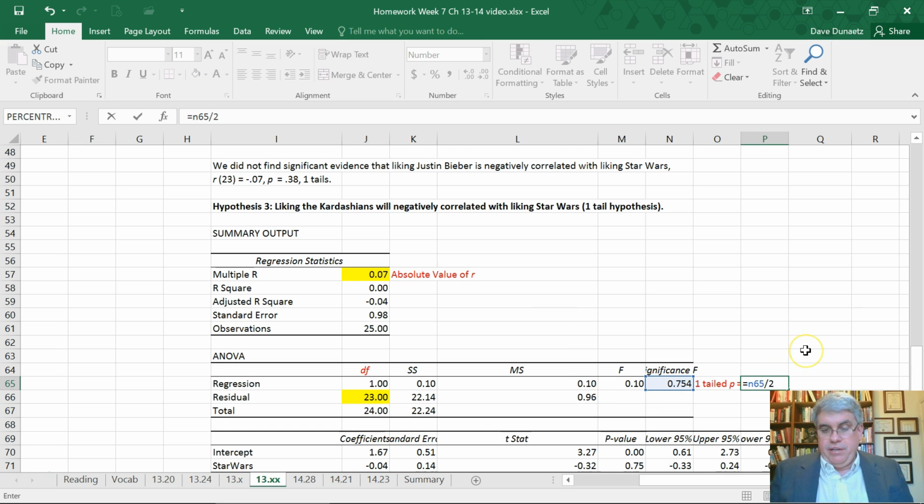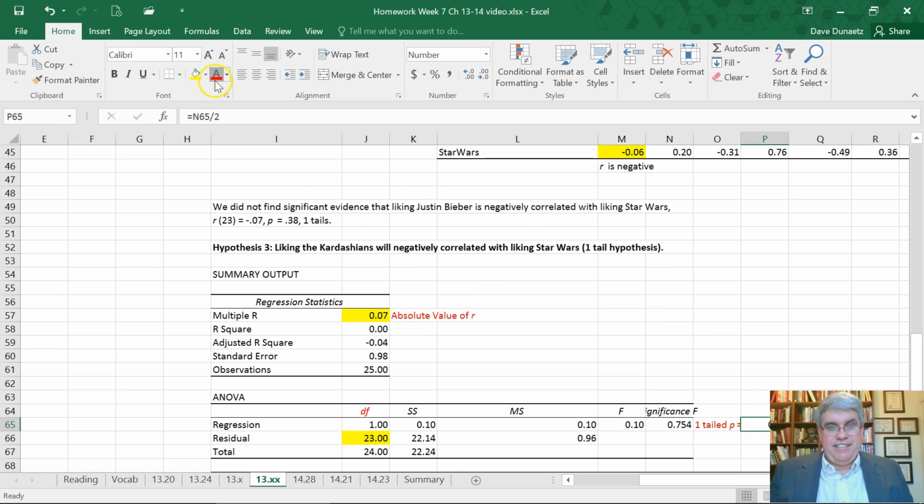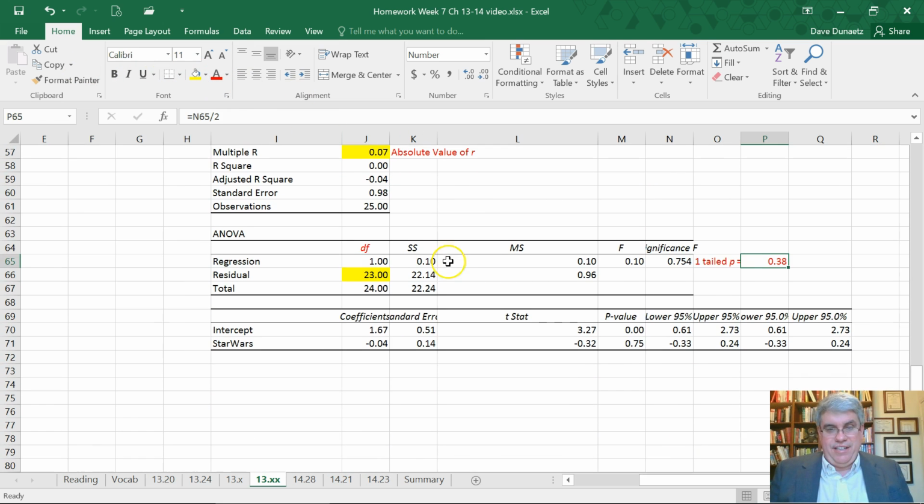We have to divide it by 2. So the one-tailed p equals 0.38. So it's still not significant. The correlation is negative, because the coefficient is negative, so we can write Control I, R is negative.